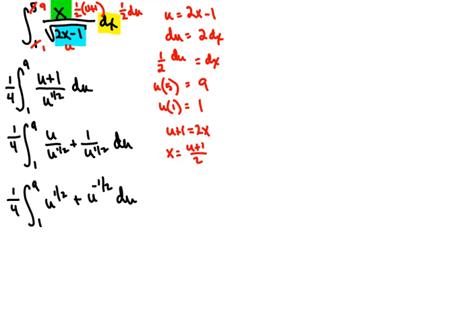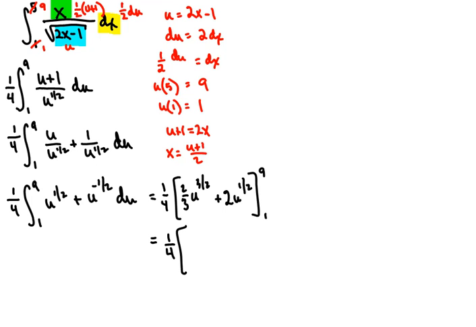And so now I've completed that, and I'm ready to perform the integration. The antiderivative of u to the 1/2 is 2/3 u to the 3/2. The antiderivative of u to the negative 1/2 is 2 u to the 1/2. And that's from 1 to 9.